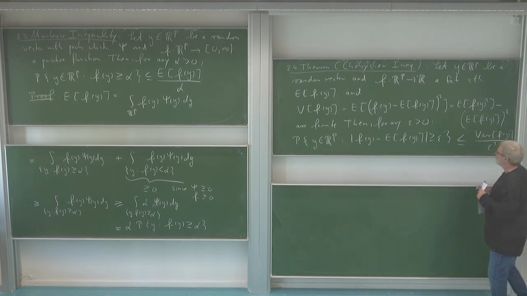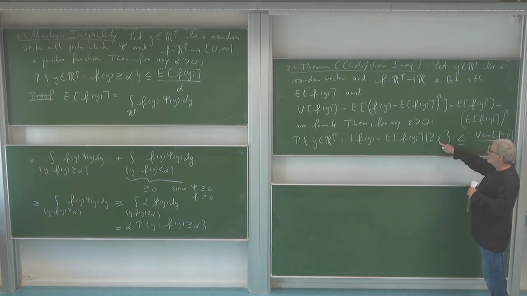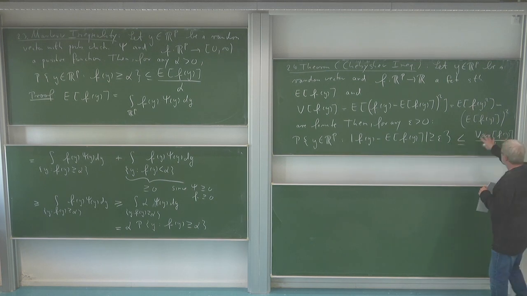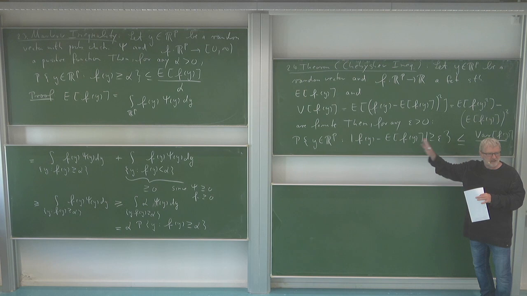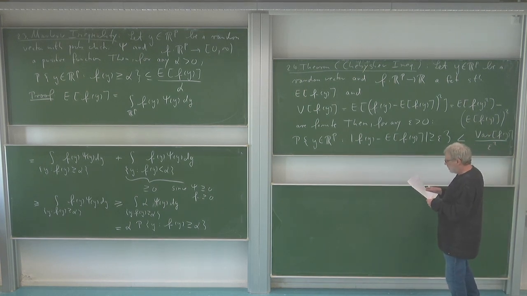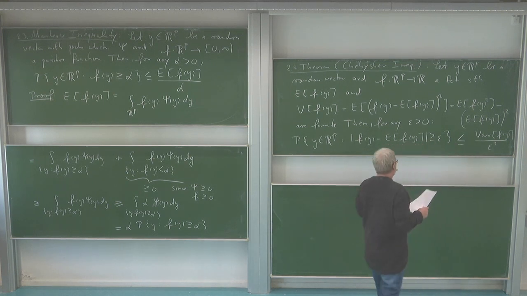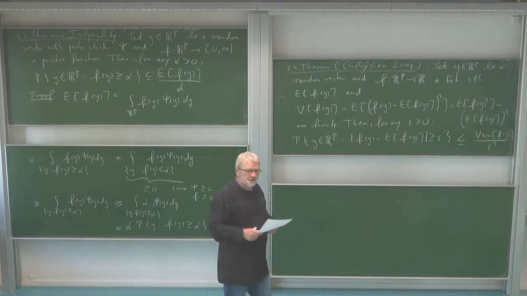So if epsilon is getting bigger and bigger, then this is getting smaller and smaller. If epsilon squared is much bigger than the variance, you have small probabilities of finding something which is so far away from your expected value. And the proof of this is just reducing it to Markov.